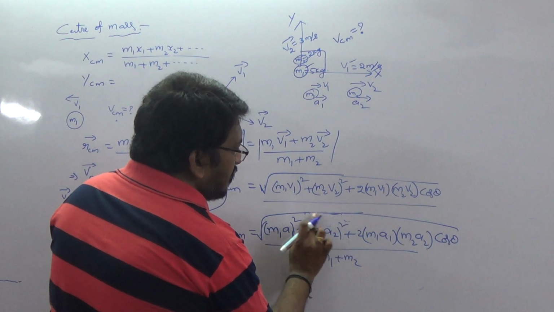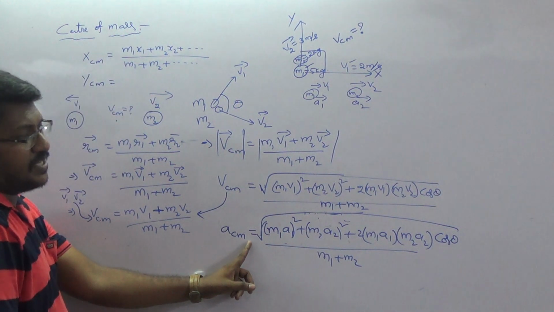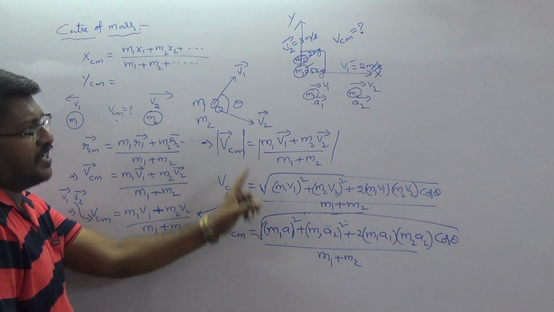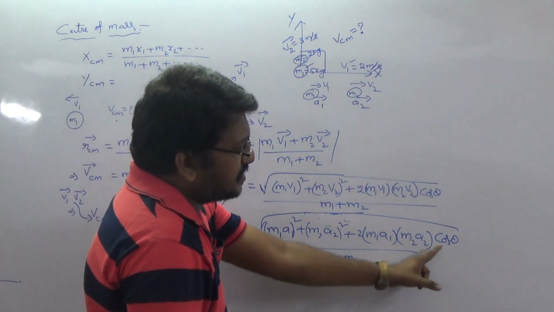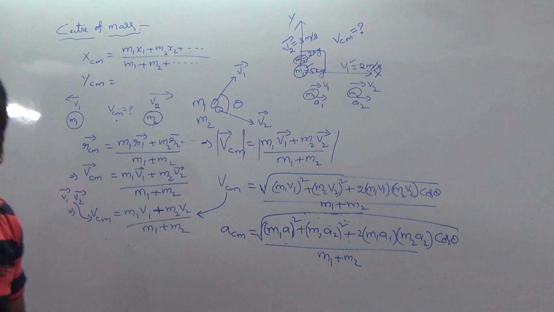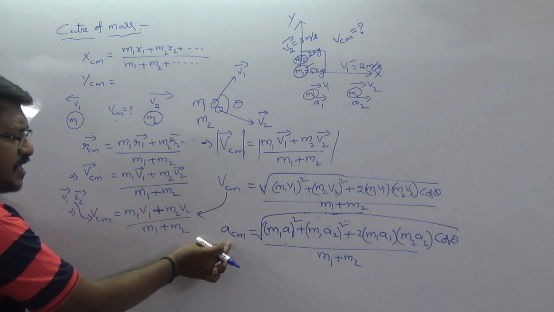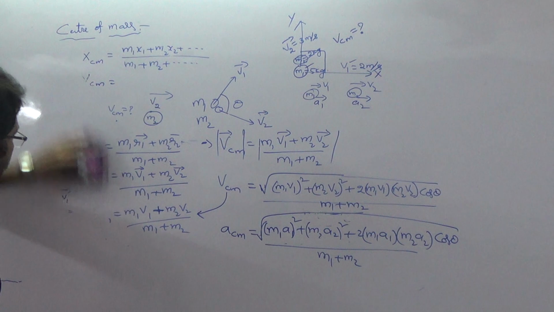So that is the acceleration of the center of mass of the two particles when they are traveling in different directions at an angle theta. For example, I am going to give some concept on this velocity of center of mass and acceleration of the center of mass.